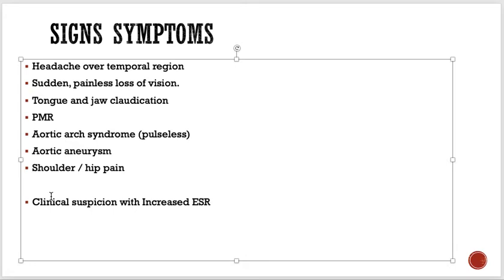Once we get these two things, the diagnosis is almost done, right? We can also go for temporal artery biopsy, ultrasonography, and MRI, again to check for the areas which are involved.